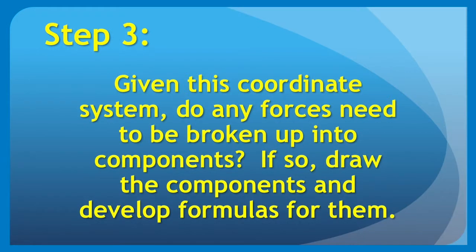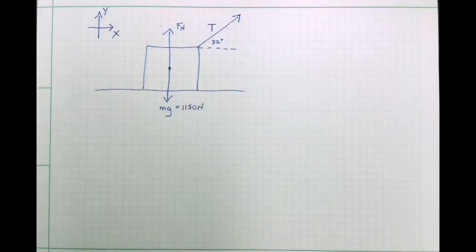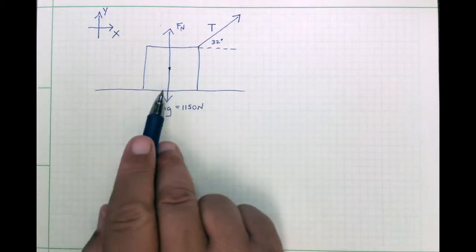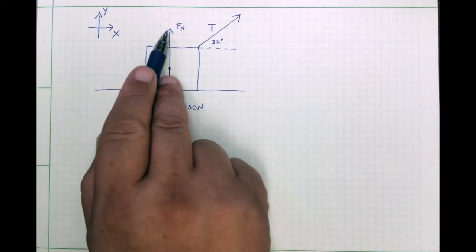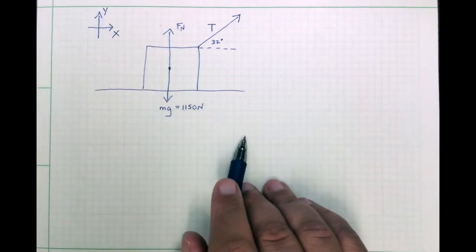Step 3 in the problem-solving process is to ask the following question. Given this coordinate system, are there any forces that need to be resolved into components? Well, looking at the three forces that we have here, there are two forces, the weight force and the normal force, that are purely vertical.